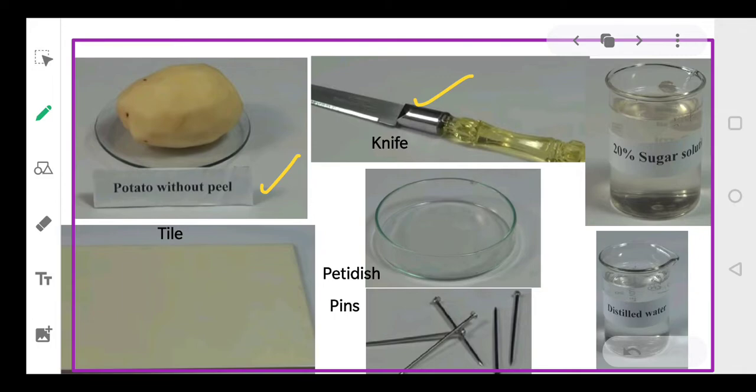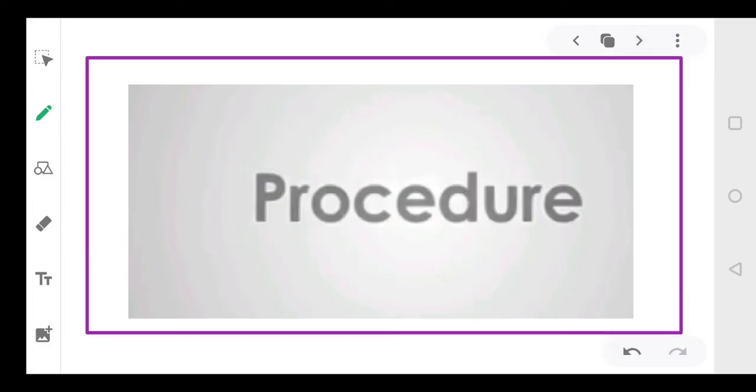Third, we will use 20% sugar solution. Then we will use a tile, a petri dish, pins, and distilled water. Now students, let's start with our experiment.